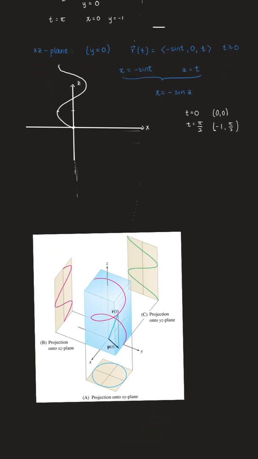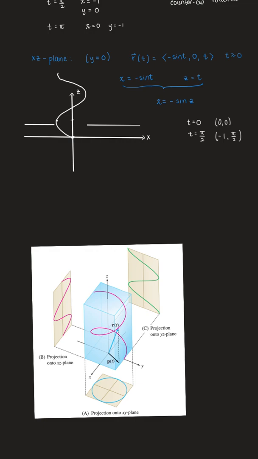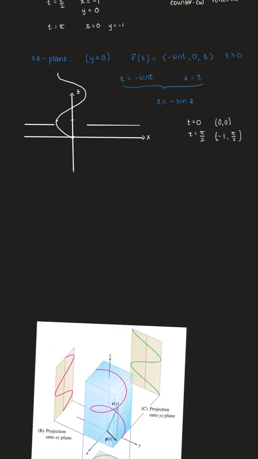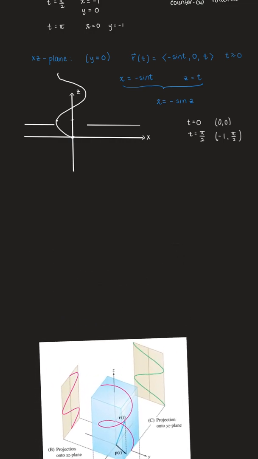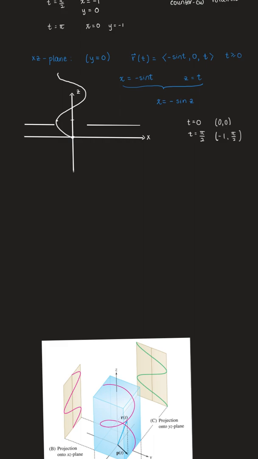Let's take a little time to find the yz projection, and then we'll compare it to the image of the helix. So our yz plane means that we're going to let x be 0.